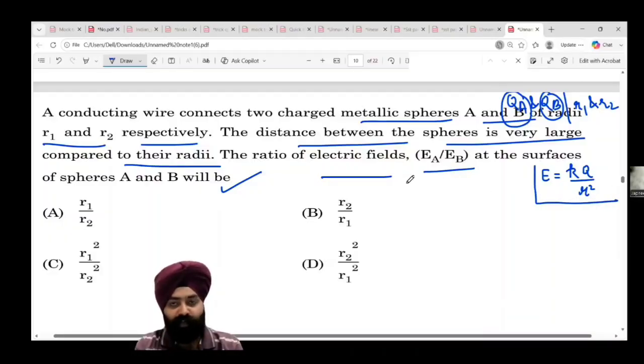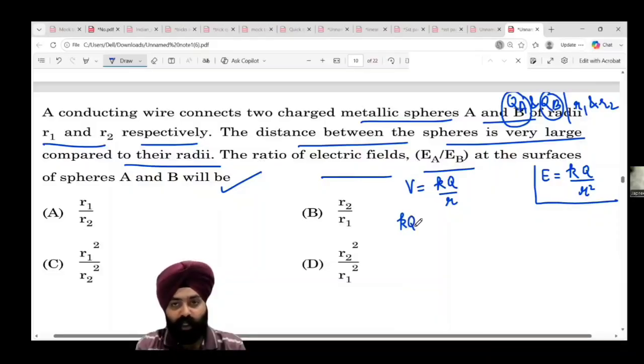We have the formula for V, electric potential, that is KQ upon R, right? If I equate both the potentials, because both the spheres are conducting spheres, we can have those potentials to be equal, right?